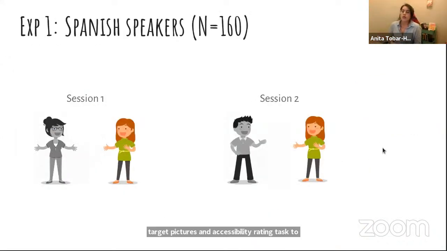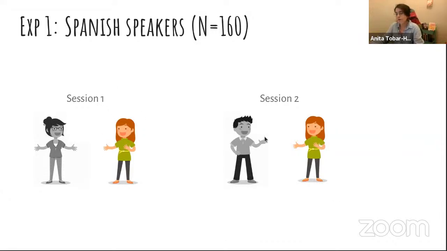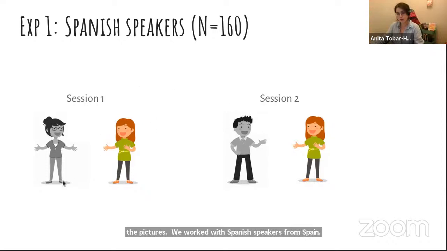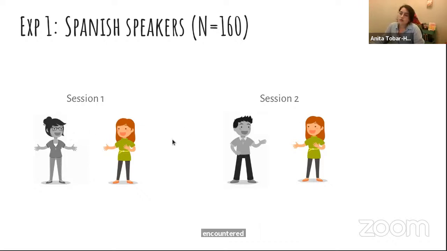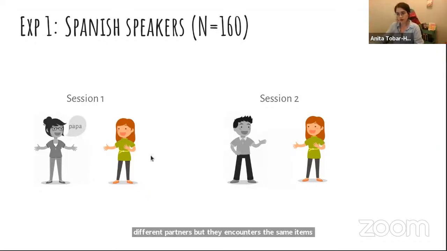In experiment 1, we worked with Spanish speakers from Spain, and they engaged in 2 sessions. Something very important here: in each session, they encountered different partners, but they encountered the exact same items across sessions. In session 1, they experienced their partner naming the pictures before them, always using the disfavored name, and we measured lexical entrainment.